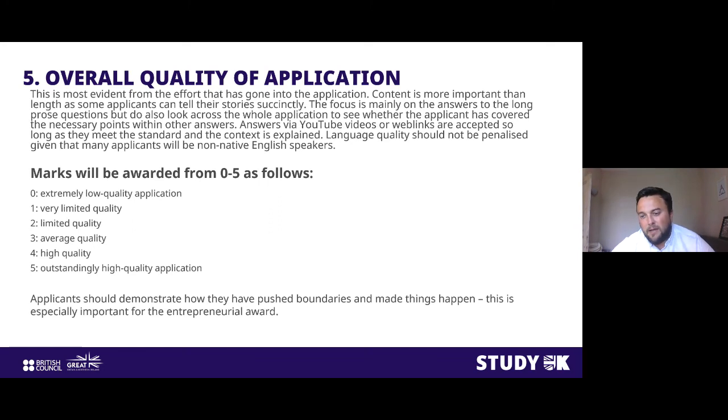succinctly. So my advice here is, as Hugh was saying earlier, make use of that save and resume. Don't think that the first time you jot down your story or your submission that will be the best version of it. I would encourage you to draft offline first, and then when you come to submit, make sure you read it, perhaps check with a peer or a colleague to make sure that it makes sense, because no doubt you'll have to refine and cut back, but then sometimes the narrative is lost when you do that.